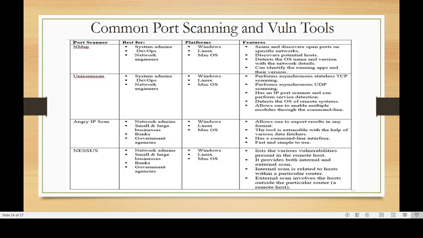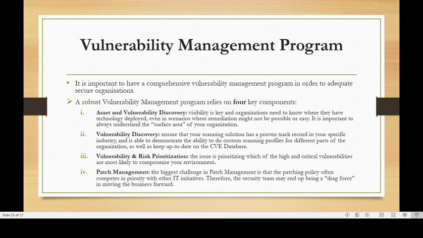The slide indicates some of the common port scanning and vulnerability tools that are used in ethical hacking. These are such vulnerability management programs.